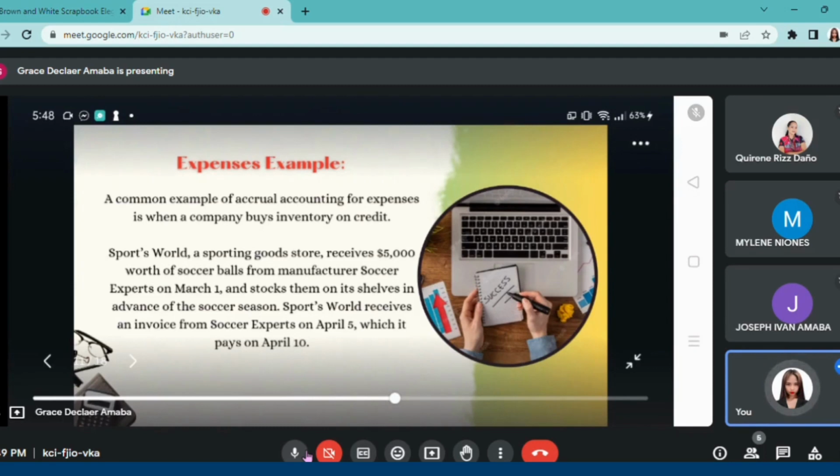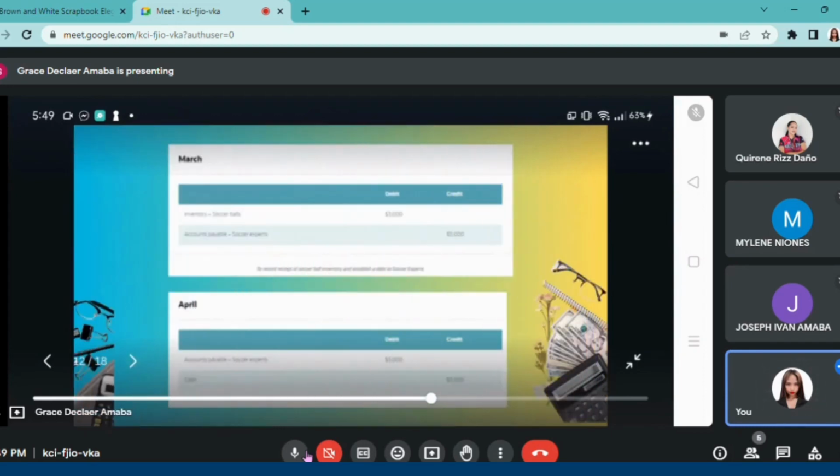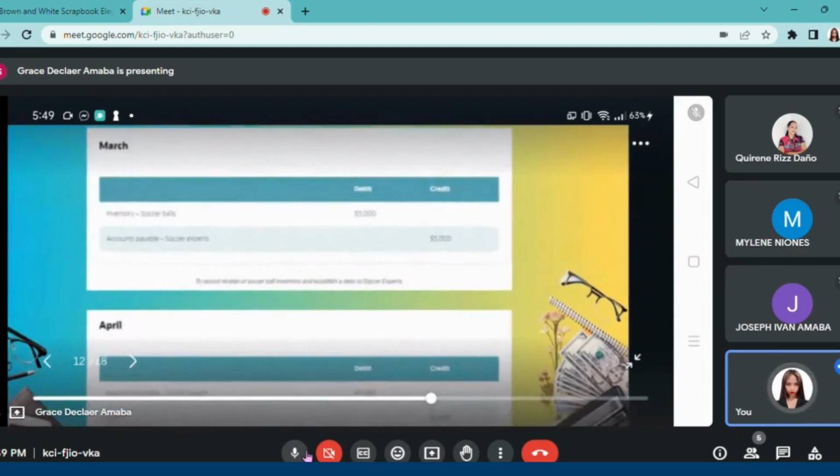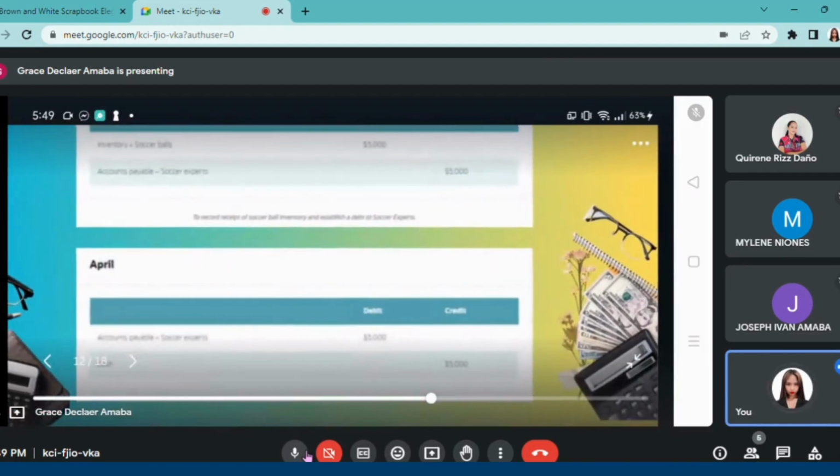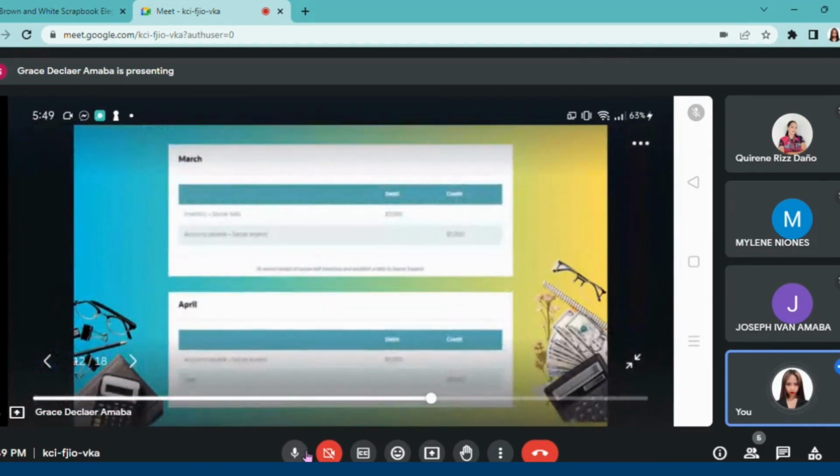Sports World receives an invoice from Soccer Experts on April 5, which it pays on April 10. So here, the goods were received in March, then they paid in April.